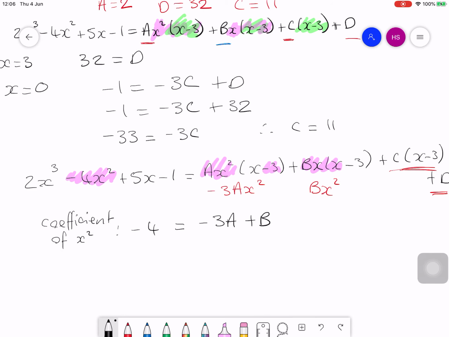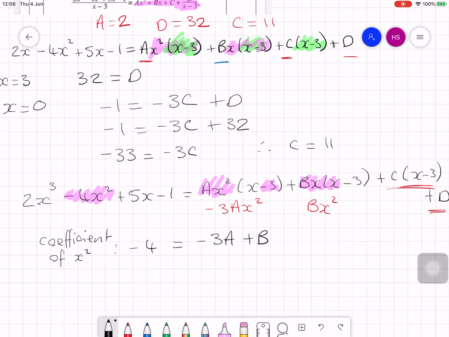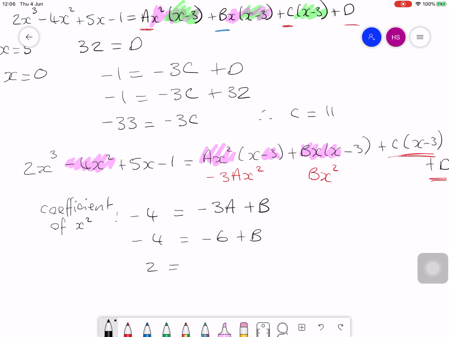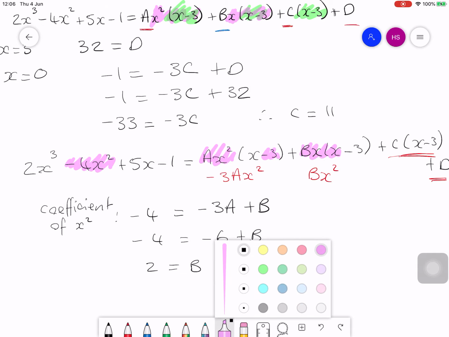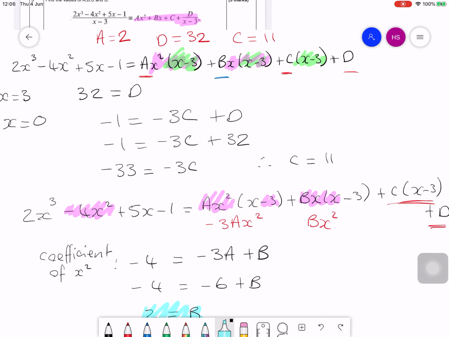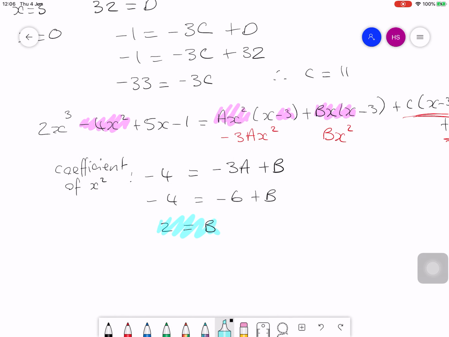Okay, and because I know that a is 2, then I can just substitute that in and add the 6 over and get b is 2. Okay, so I think we've got all of our answers now. We've got b is 2, so we've got b, we've got a, c, then d. Okay, so let's just write the final answer out.